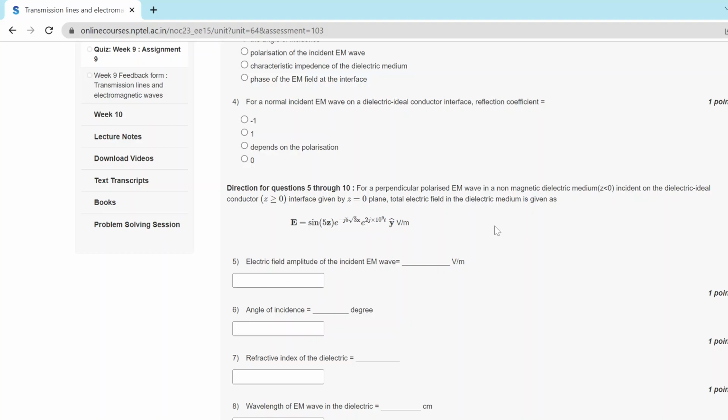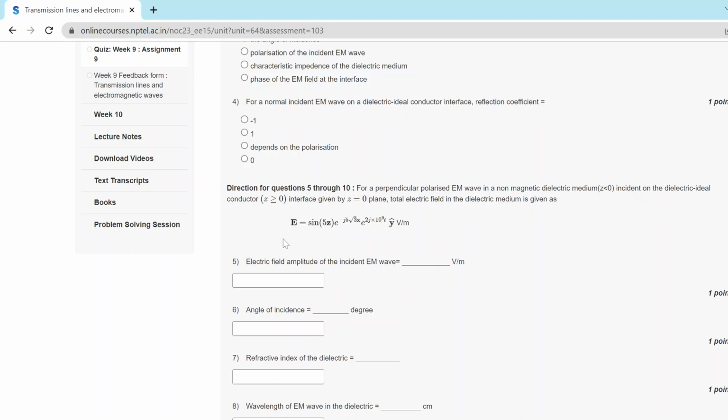Okay, so that is having a y component. You see there is a component. So that is your perpendicularly polarized electromagnetic wave. Okay, and it is incident on a perfect conductor.